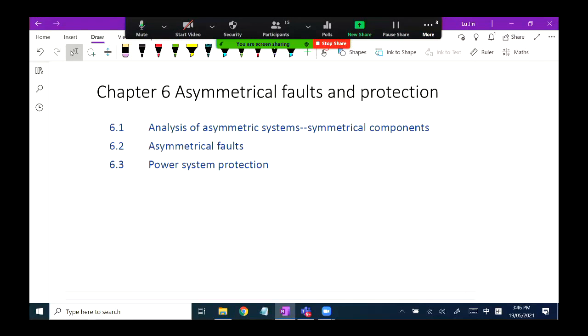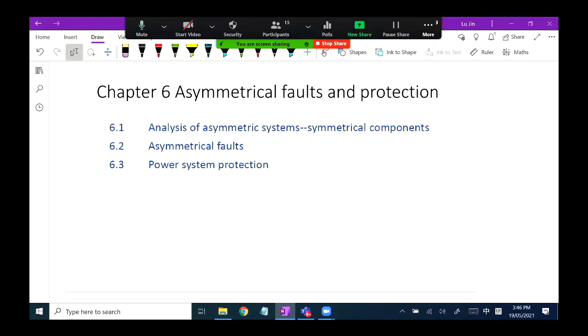When you introduce different types of asymmetrical faults into the system, the circuit between the zero, positive, and negative sequence networks will be different. Learn this stuff, please. I know you guys may lag behind with the progress of class, but we have a large number of tutorial questions. Do them out. Okay, try them out.